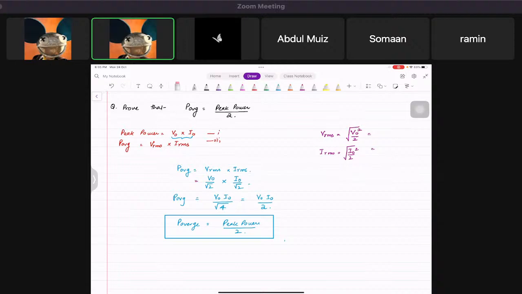There's no issue with that, right? Yes, sir. Can I write this as V naught square under root over under root 2? It doesn't really matter, right? Yes, sir. So the square and the root cancel out, so it becomes V naught, and this stays under root 2, and this is I naught, and this stays under root 2. Oh, okay, sir, got it. Like that. Just a bit of mathematics there.